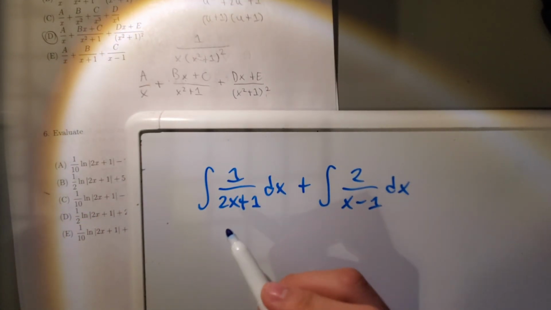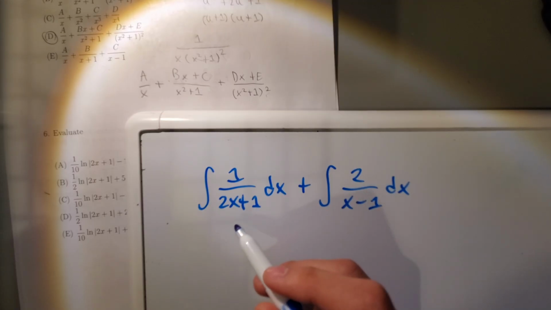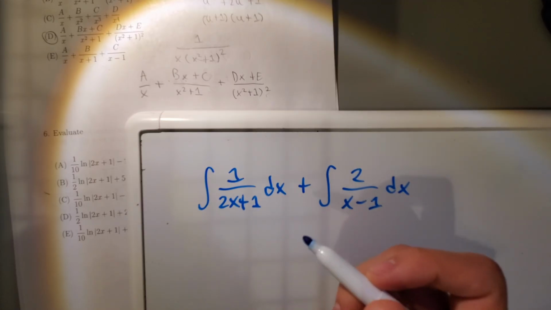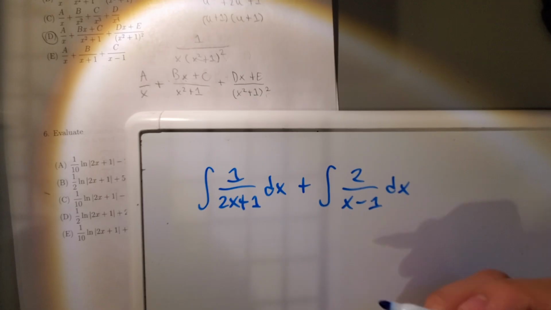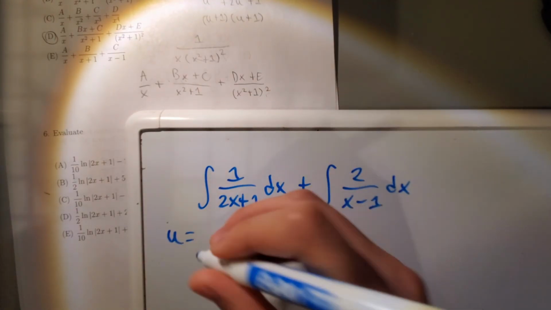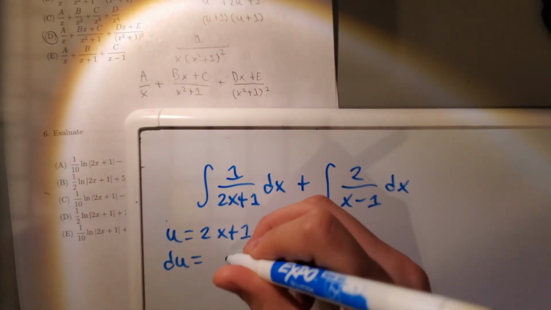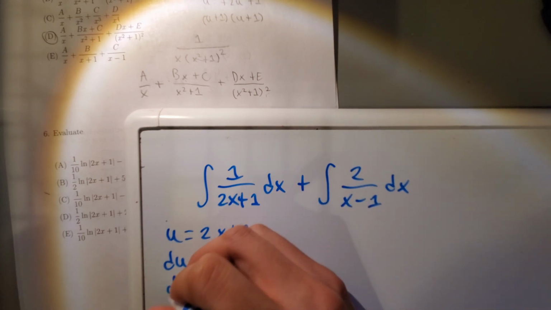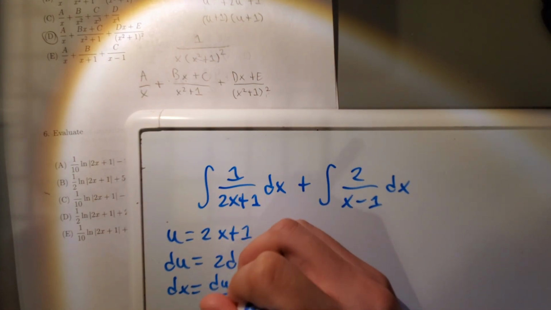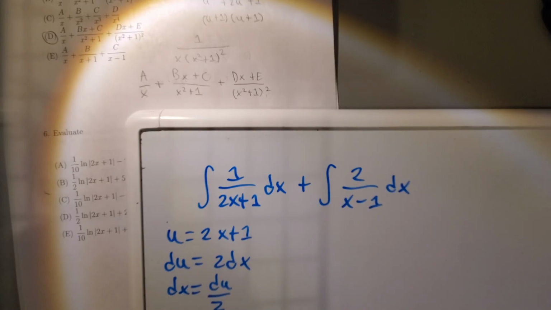So for this integral, this can be done with a substitution. And for that substitution, I'm going to set u equal to 2x plus 1, so that du is equal to 2 dx, and then dx is equal to du over 2. That should work.